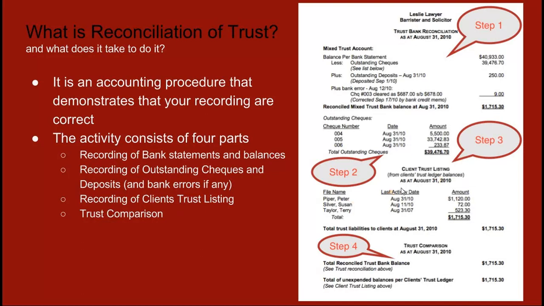Okay, so on the day that you do this reconciliation, for the clients and their files, their last activity date, and what's their trust money. Okay, and you're just comparing the reconciled mixed trust bank balance with your trust liabilities as per your books, and these two numbers need to match.